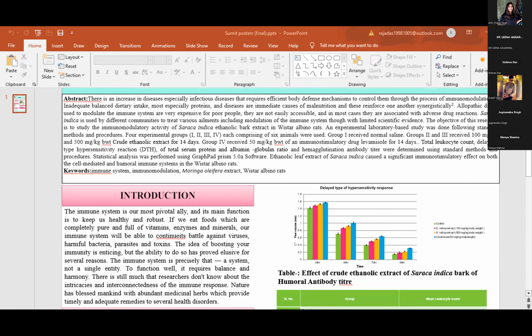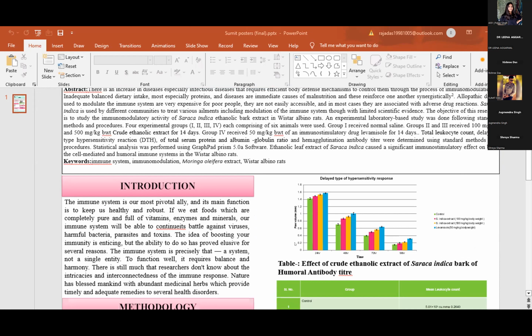The main objective of this study is to boost the immune system using Saraca indica. The immune system is our most pivotal defense, and its main function is to keep us healthy and robust. If we eat foods which are pure and full of vitamins, enzymes, and minerals, our immune system will be able to battle against viruses, harmful bacteria, parasites, and toxins.